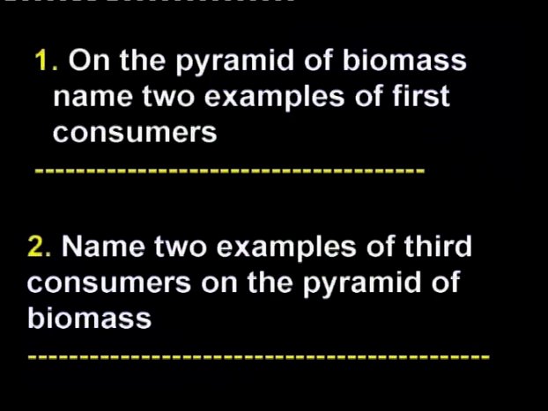Okay, question number 1. On the pyramid of biomass, name 2 examples of the consumers. This is the pyramid that you are going to be using. If it is not clear in your book, you will see this and then you name the living things there.